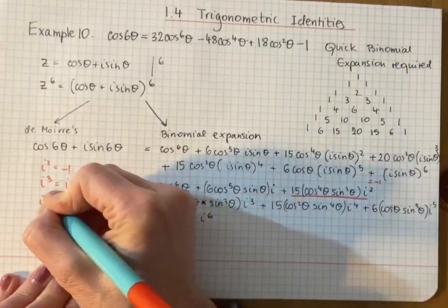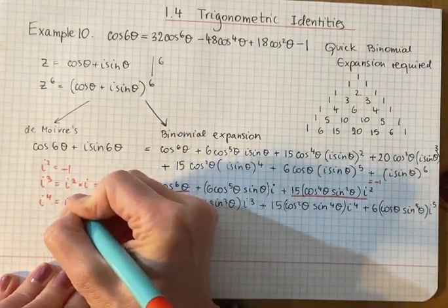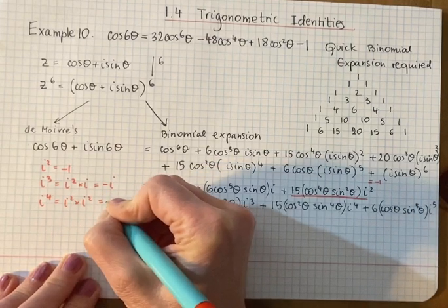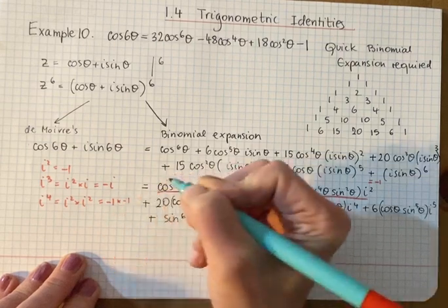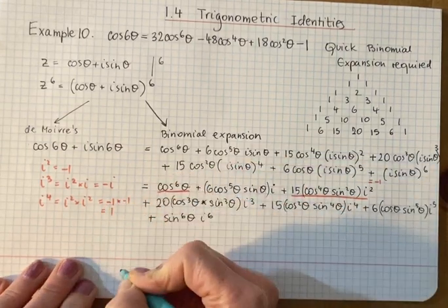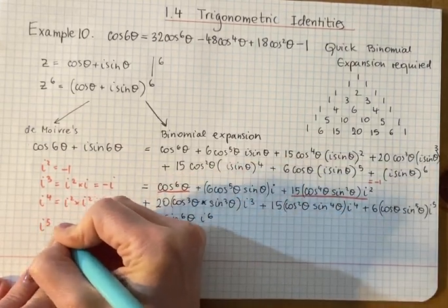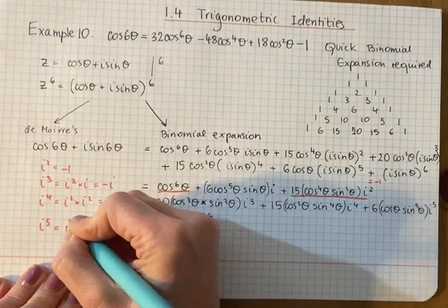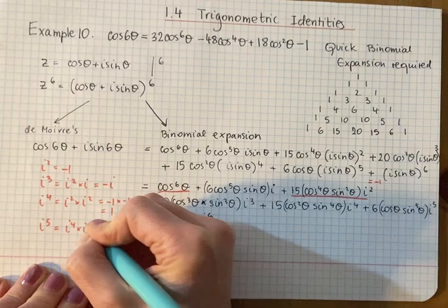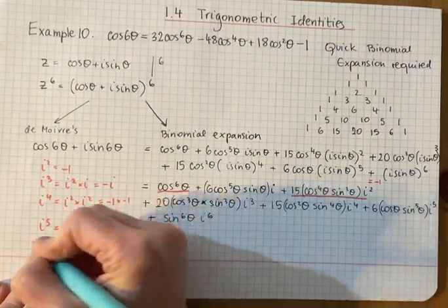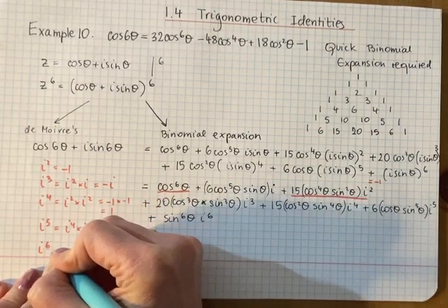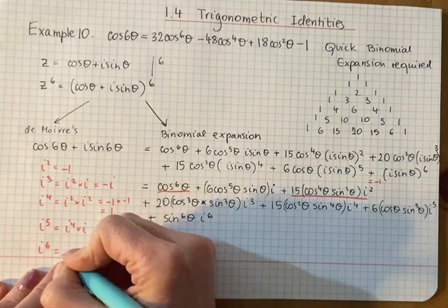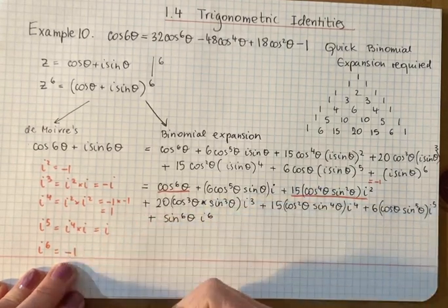Then if you follow through, i to the power 4 is your i squared multiplied by another i squared, so that's -1 times -1, that just takes it back to 1. i to the power 5 is simply i to the power 4 times i, so it's 1 times i, so it's i. And i to the power 6 is simply i to the power 5 multiplied by i, so it's -1.